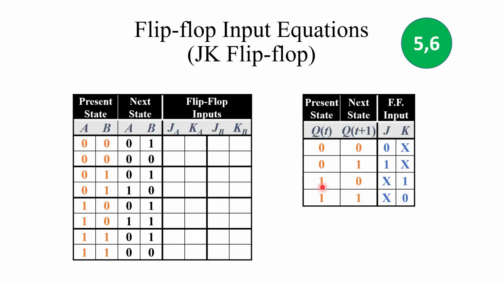First of all, if J and K were both high and the flip flop was toggled, 1 to 0 toggle हुई थी, और दूसरा क्या हो सकता है, if J was 0 and K was high, which means the flip flop was reset, ठीक है.